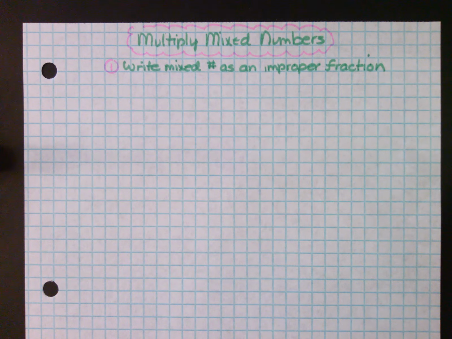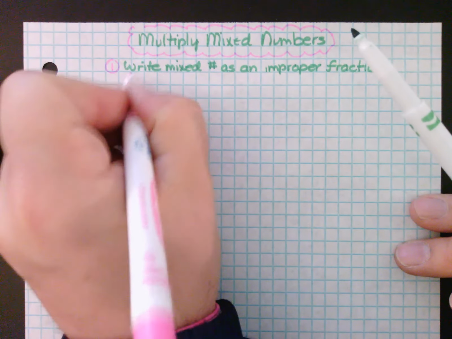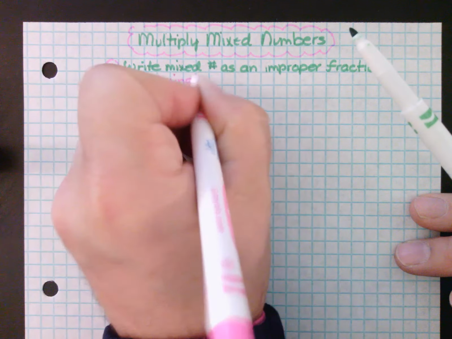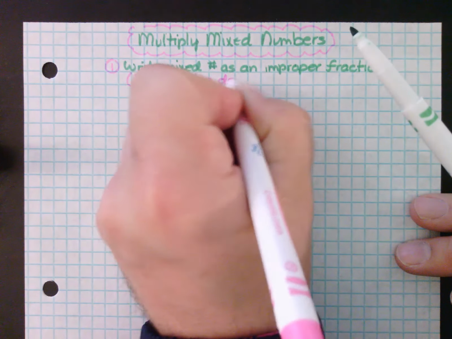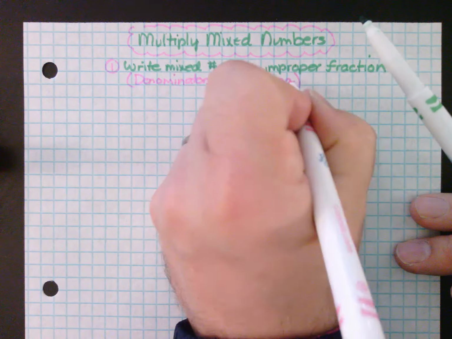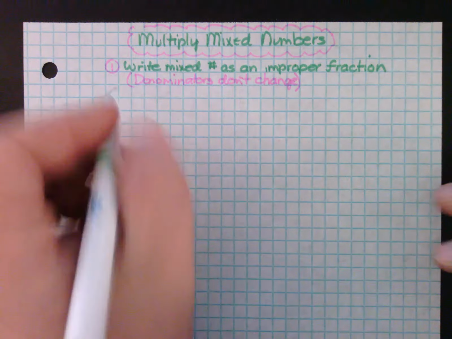Remember that when mixed numbers are written as improper fractions, the denominators do not change. Then you want to multiply as with fractions.